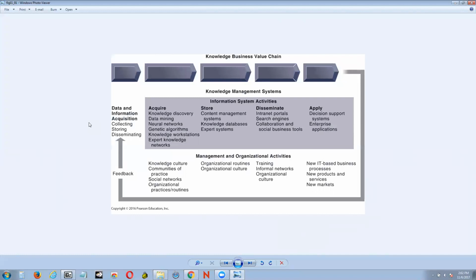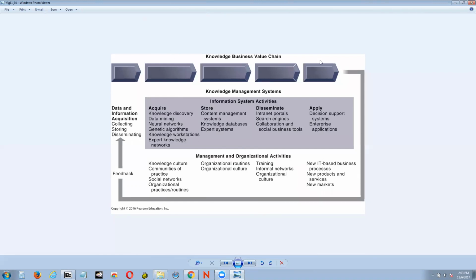Now, this again walks us through the business value chain as they talk about there and over in the chapter. And this is an interesting chapter because it moves us from enterprise computing, which we covered last week and have been dabbling with through the whole course, to what we would call using this to create an enterprise experience.